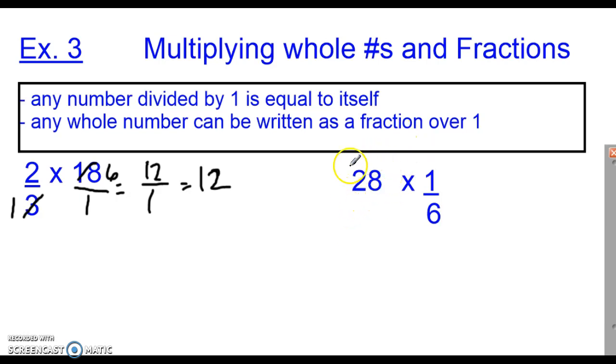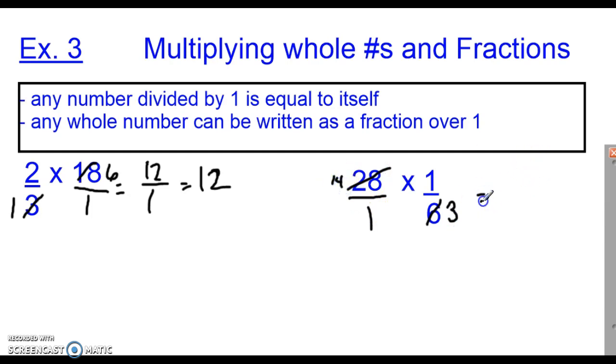Okay, so the first thing I need to do is write my whole number as a fraction. So 28 over 1. And you can multiply straight across or simplify beforehand. For this one, I'm going to simplify beforehand. Both of these have a factor of 2. If I divide 6 by 2, I'm left with 3, and 28 by 2, I'm left with 14.